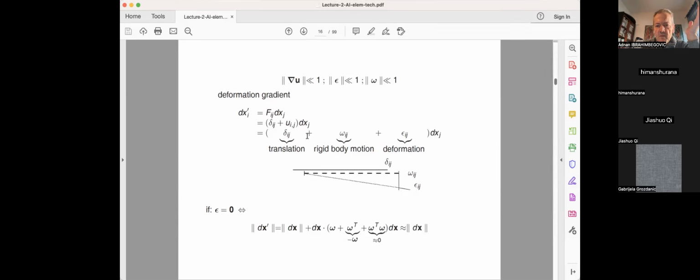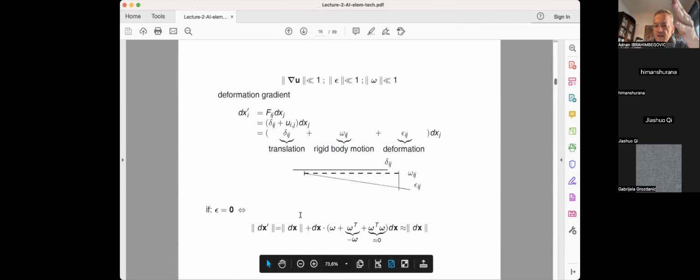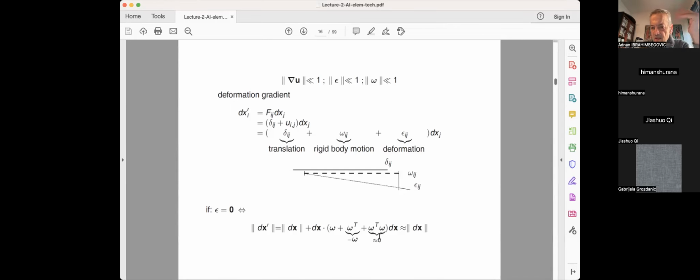So how can you check that rigid body rotation does not really change any deformation? Well, you can imagine the case where epsilon is equal to 0, in which case the deformation gradient is identity plus omega. You multiply identity plus omega times dx, and that amounts to saying identity plus omega plus omega transpose plus omega transpose omega. Now omega is very small, let's say 10 to the minus 3. So omega transpose omega is 10 to the minus 6, so we neglect that.